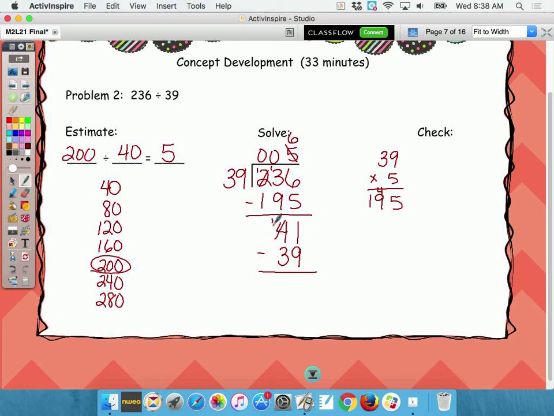So put another group of 39 on here. And now 11 minus 9 is 2, so our answer is 6, remainder what? 2. So that's what we will check. Okay, are you following me? It's kind of clever, isn't it? So 39 times 6.